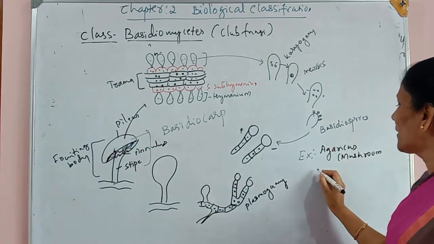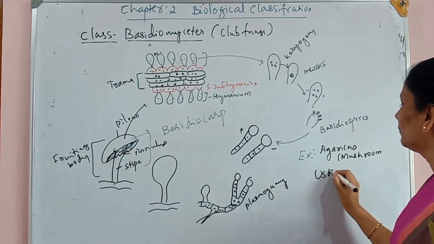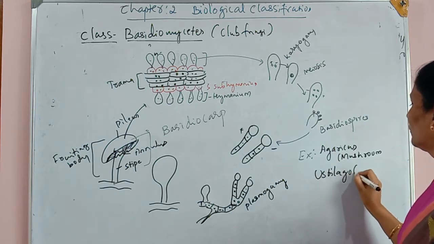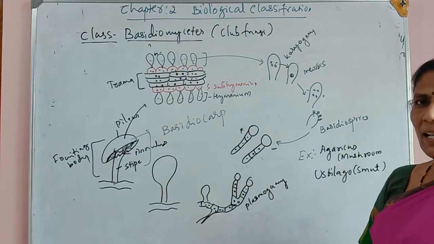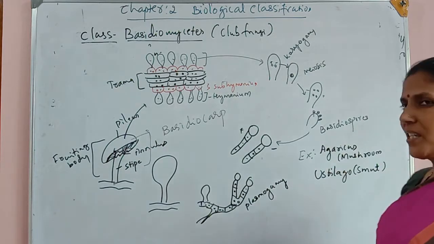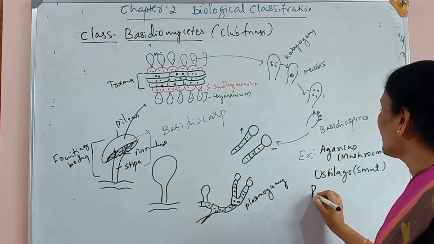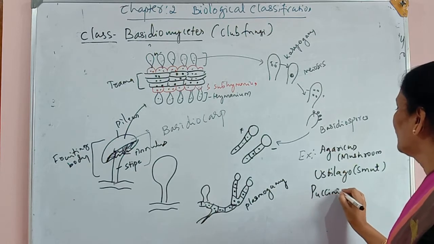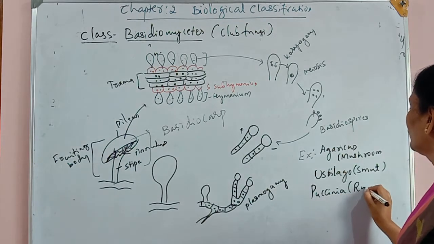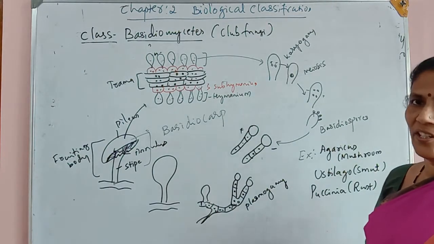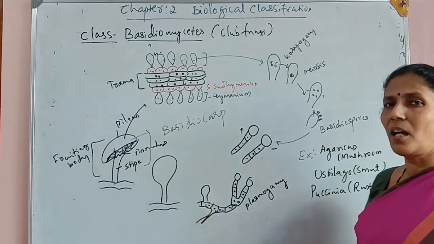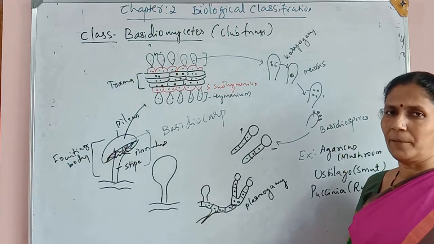Another example is Ustilago, also called the smut, because its spores are black and powdery, and it is a parasite. Another one is Puccinia, which is also called the rust, also a parasite on wheat that causes the wheat rust disease, and its spores are reddish brown in color.